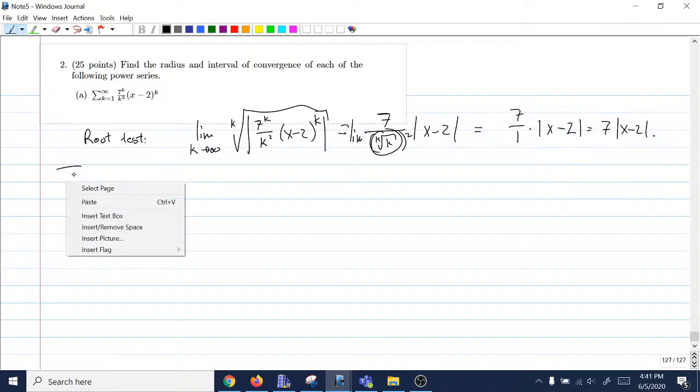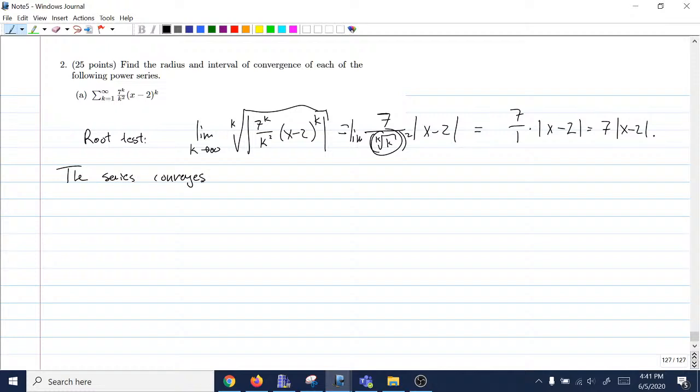This converges absolutely when that 7 absolute value x minus 2 is less than 1. So let's solve that. That's absolute value x minus 2 less than 1/7. That's x minus 2 between 1/7 and negative 1/7.